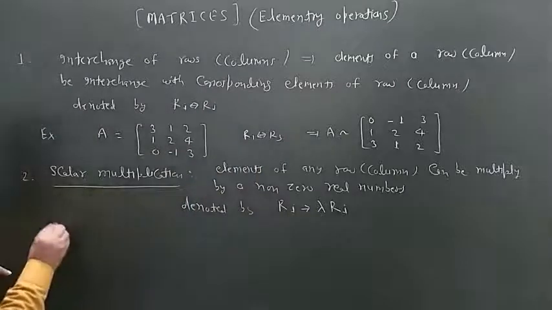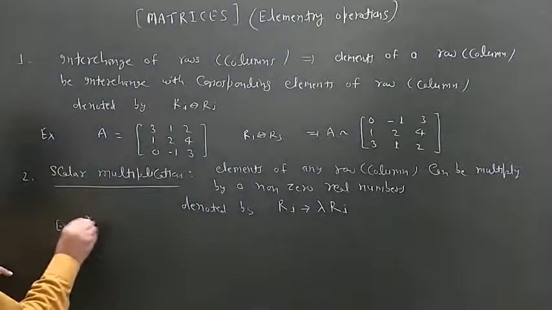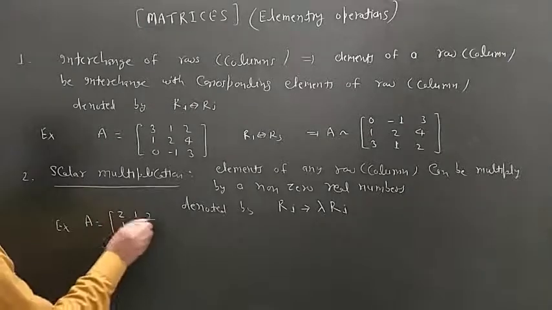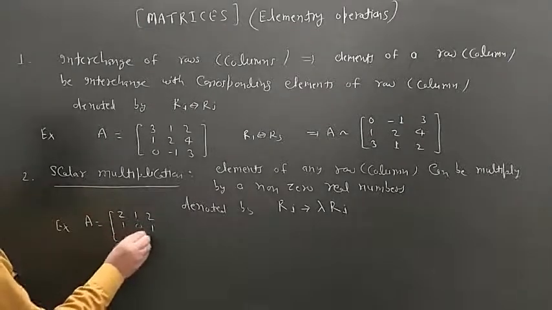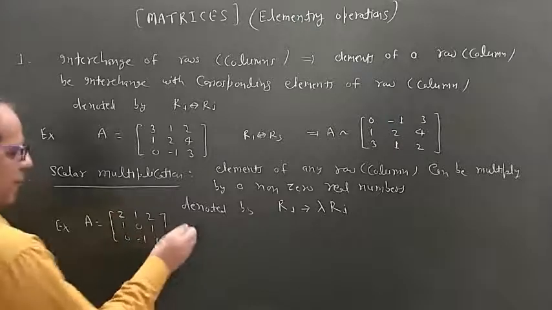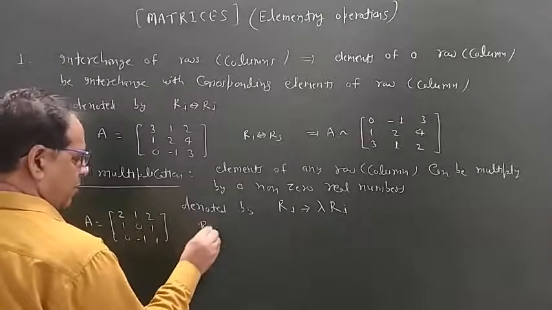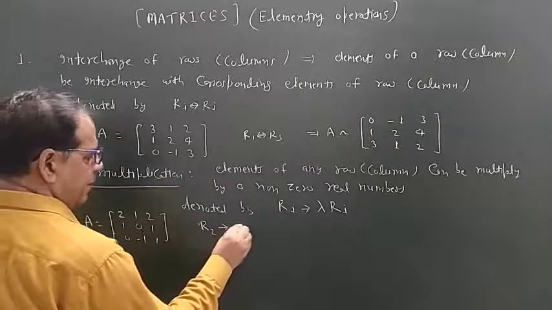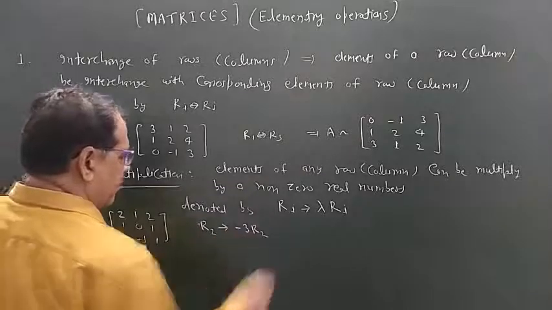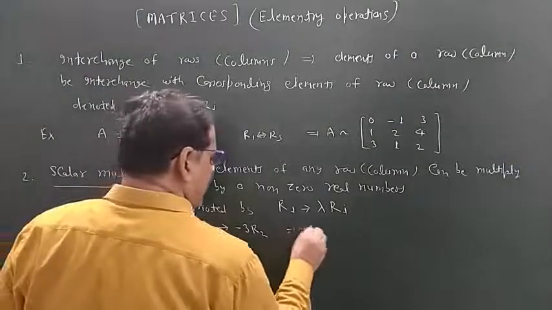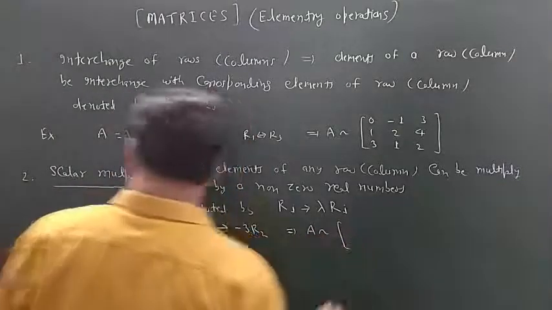For example, we have A as the given matrix 2, 1, 2, 1, 0, 1, 0, minus 1, 1, and here we want to apply R2 replaced by minus 3 R2. So the new matrix becomes 2, 1, 2.